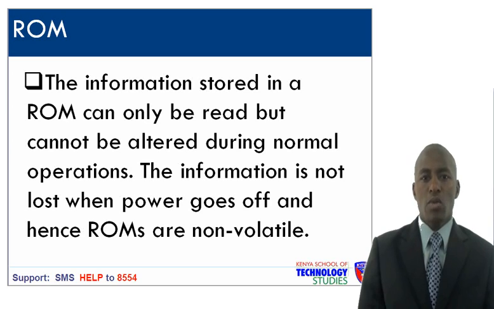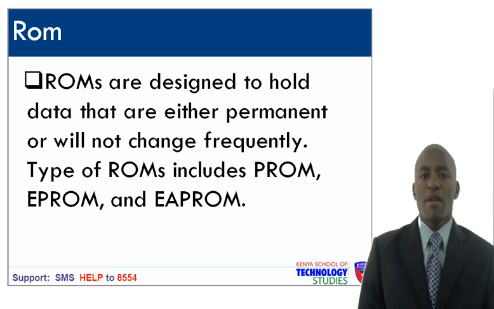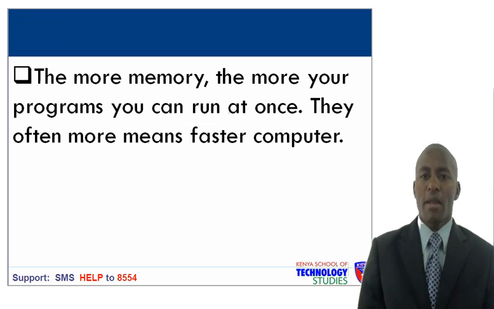Any data or instruction stored in this section cannot get lost even if there is what we call power failure. ROMs are designed to hold data that are either permanent or will not change frequently. The types of ROMs include PROM, that is programmable read-only memory. We also have erasable programmable read-only memory and electrically erasable programmable read-only memory.